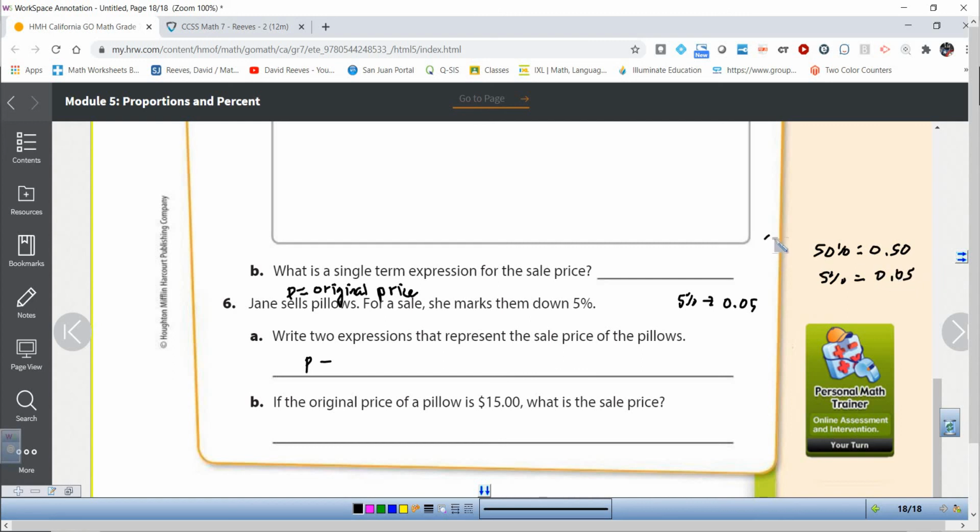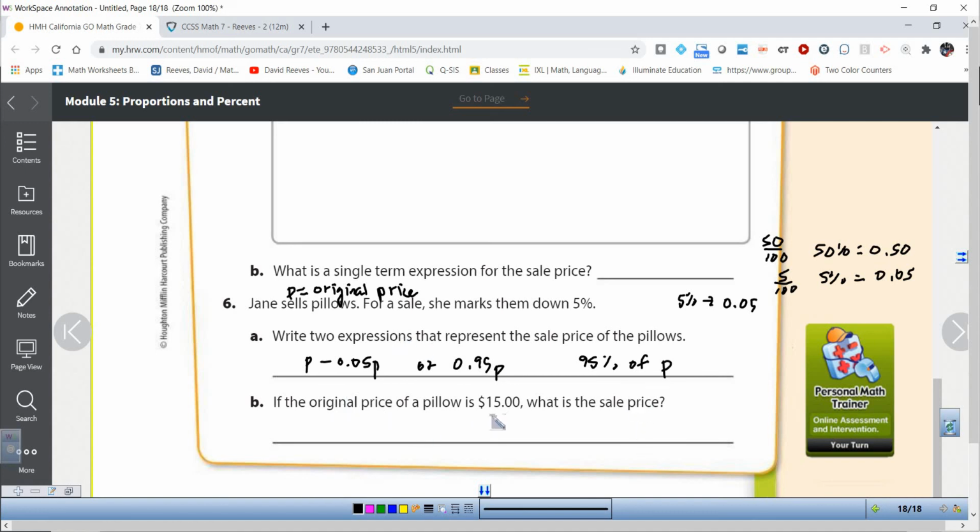Right? 50% would be 50 out of 100. 5% is only 5 out of 100. Do you see that difference there? So P minus 0.05 P, or remember this is 1. Take away that, we get 0.95 P, which is 95% of P, right? That's what's left after you take 5%.